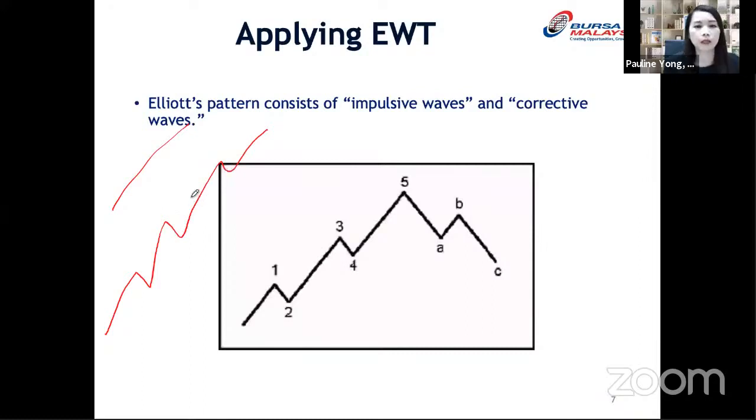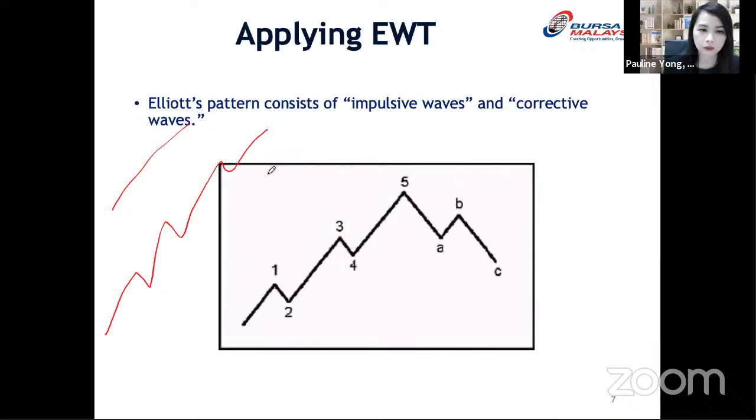So now with this Elliott wave, we are going to count the waves. The major application of the Elliott wave is that we want to know when the wave is going to end. So the wave will be 1, 2, 3, 4, 5.